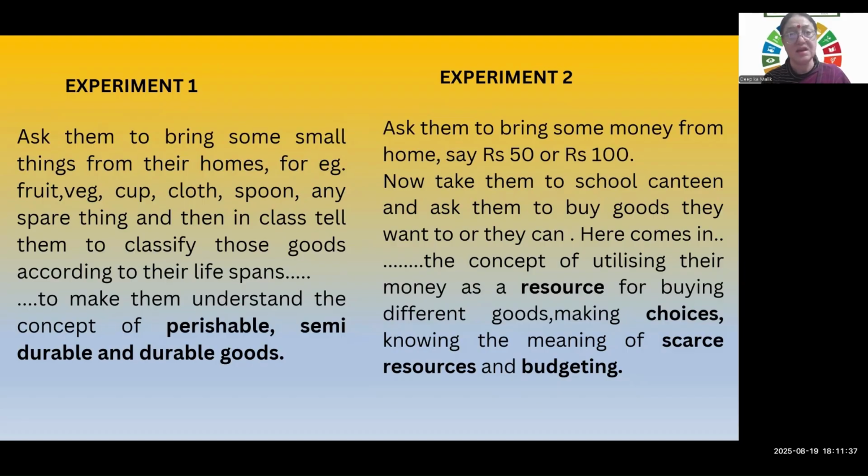They'll have to see what their fee is, what the other charges are, and compare that to the benefits of going to a particular college. When they learn this kind of research at the school level, it will help them once they step out of school. In college, they'll be able to assess, decide, and take a decision as to which college has a comparative cost advantage over the other.